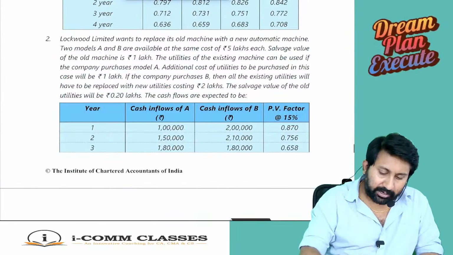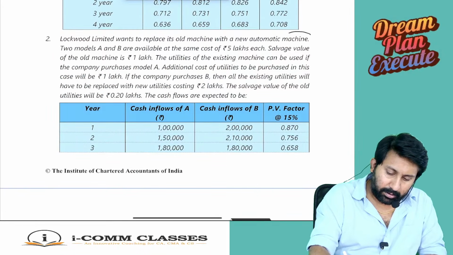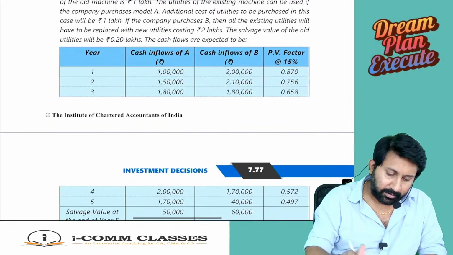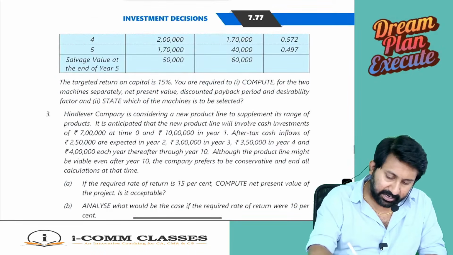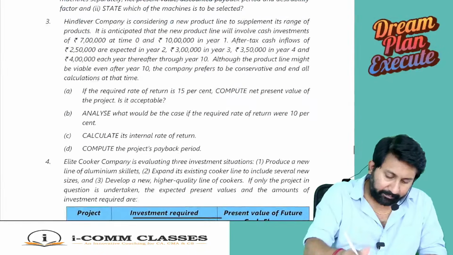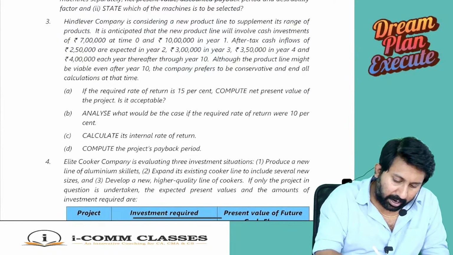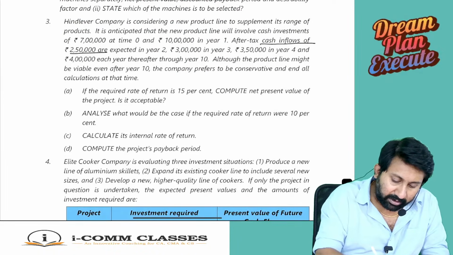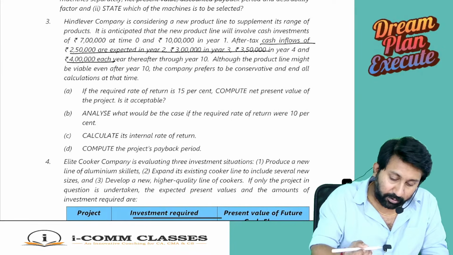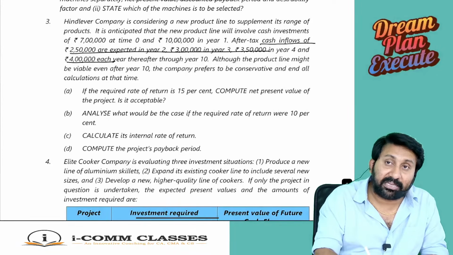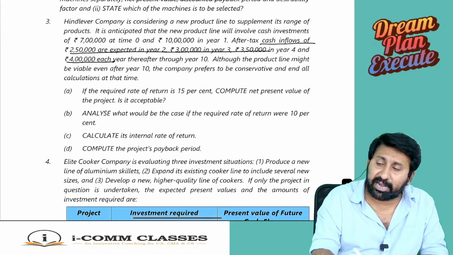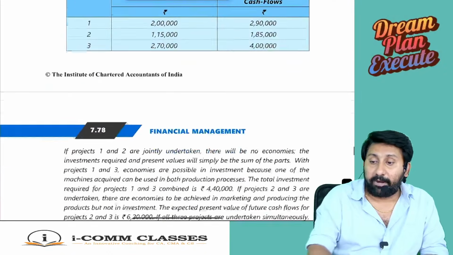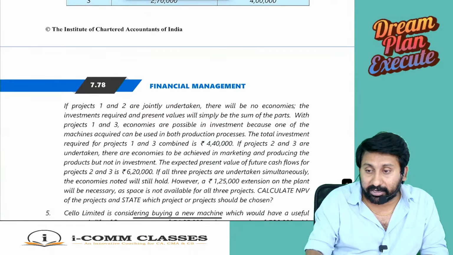Any question you take, what is purchased in this question? A machine is purchased and they are asking us to calculate. Cash inflows they have given already. When inflows are directly given, we need not do any adjustment, we can take them directly. When profits are given, we have to convert that into what?